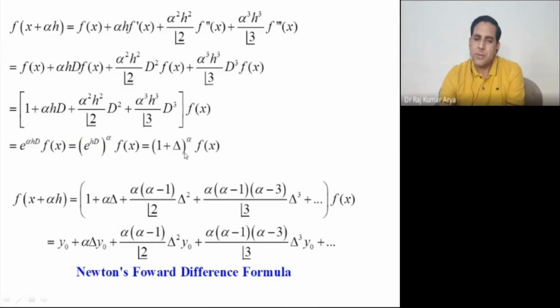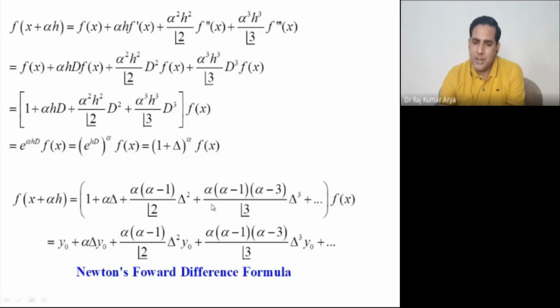So you have just got this derivation from here. Finally you can write your expression for f(x + αh) in this format: 1 plus αΔ plus α(α minus 1) upon factorial 2 Δ², and this will keep on continuing.